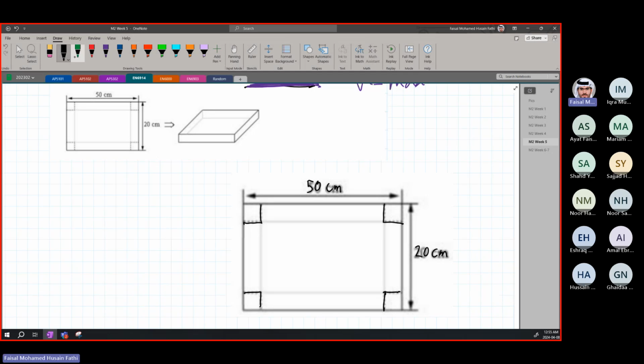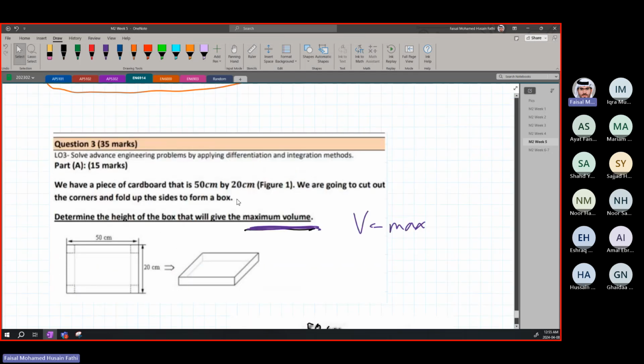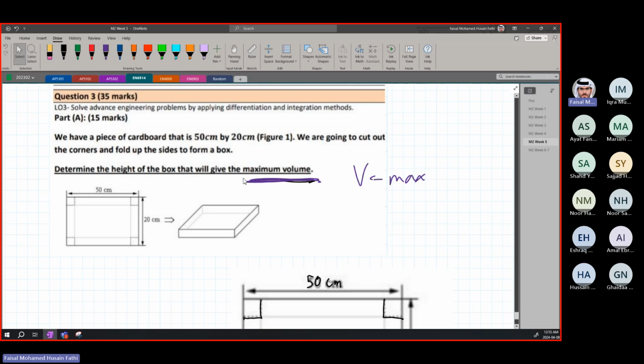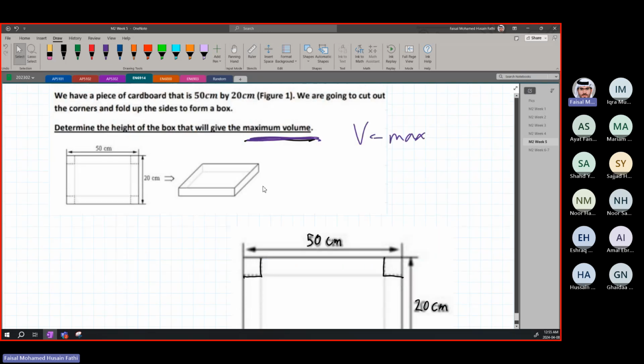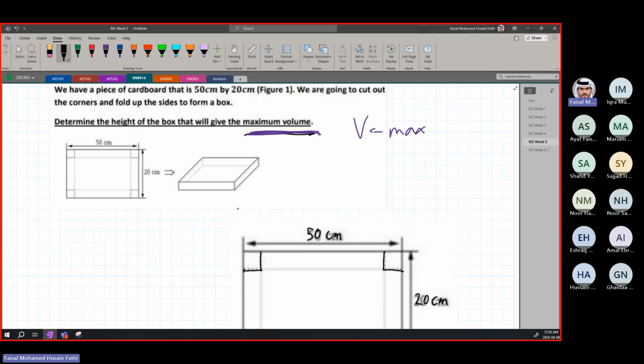But they want us to make the cut in such a way that the height of the box will give the maximum volume. So this h is going to give us the maximum volume. Now when we are cutting a piece of cardboard, this height is equal to this height over here. This is our height. And remember that the height is going to be equal on all sides.